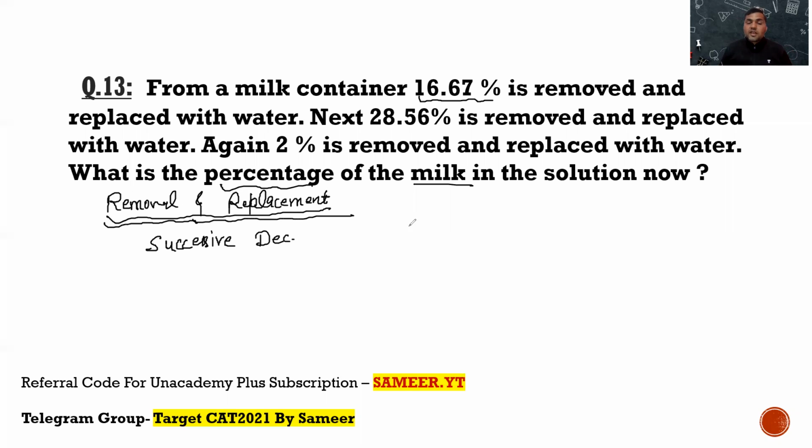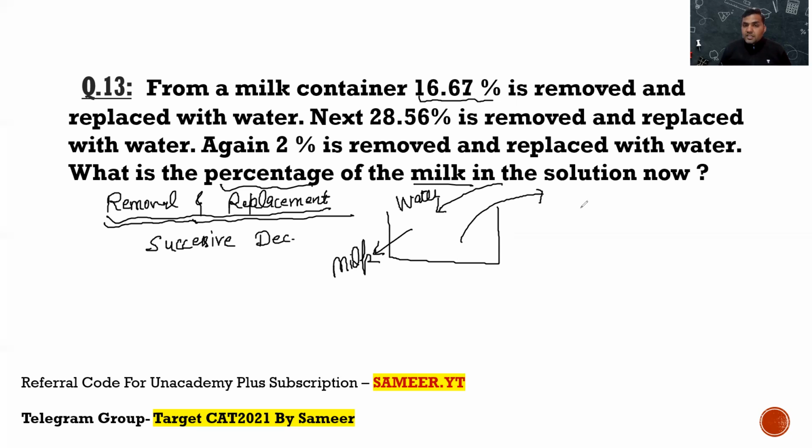What you need to know is, first just look at this container. For example, in this case, this container is a milk container, right? I'm removing a part of it and I'm replacing it with water. Now, see that you are removing milk and you are replacing that whole quantity with the water.